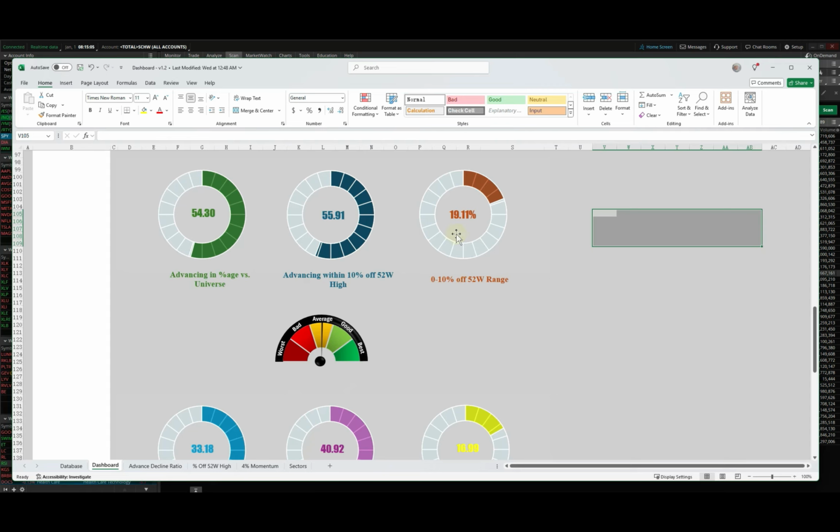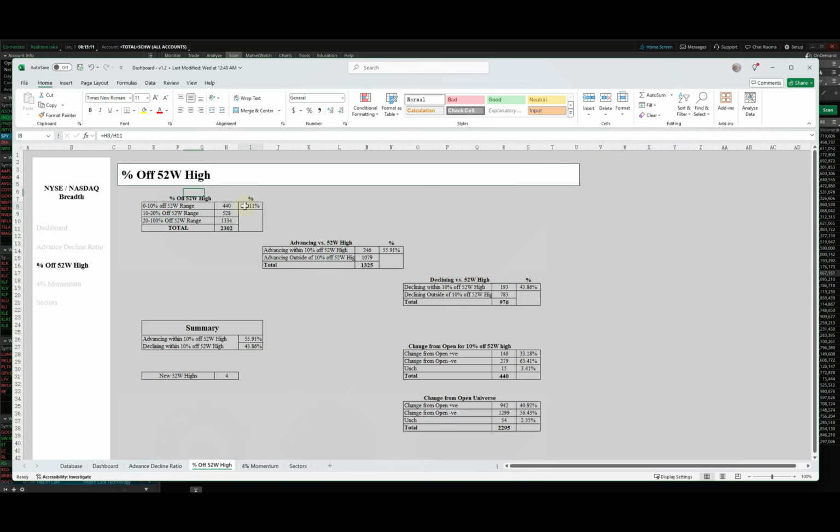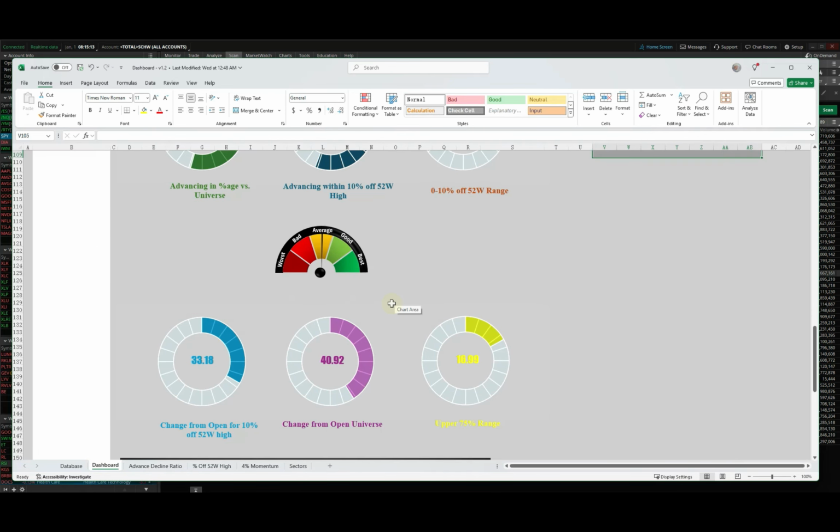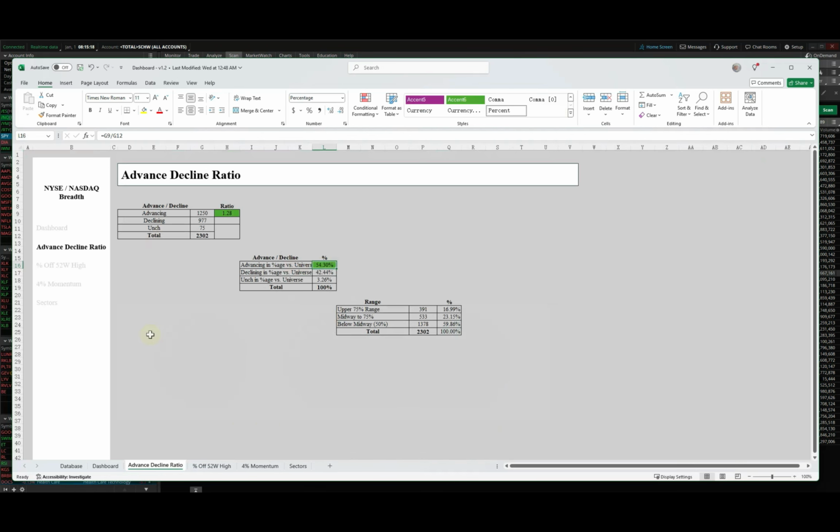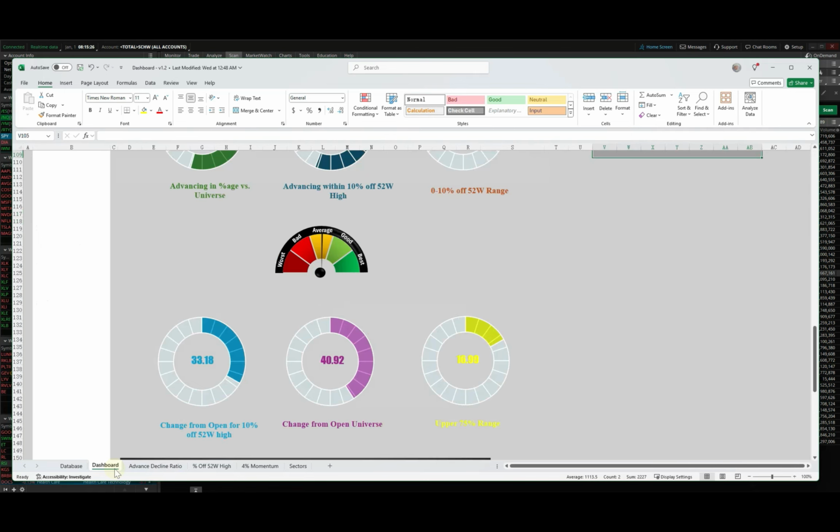And in the 0 to 10% range, only 19% of stocks are off the 52-week high. Today the overall breadth was average, a kind of 1 to 1, not a very big difference. But yesterday it was worse, because there were more declining than advancing.